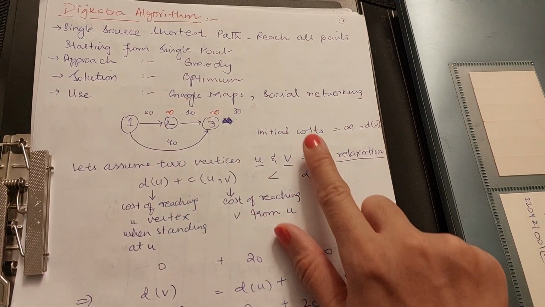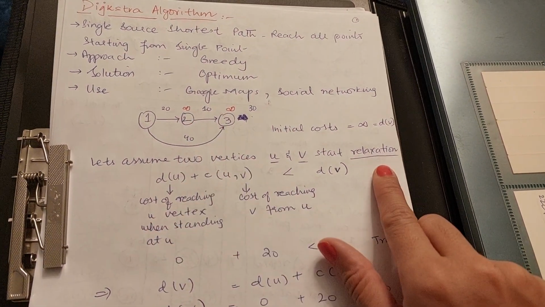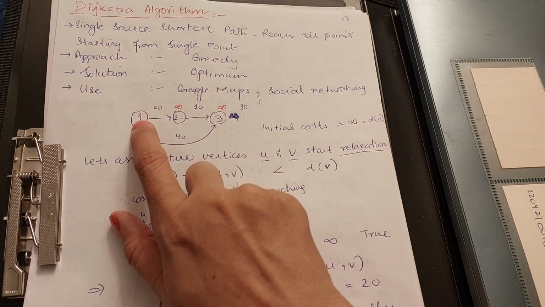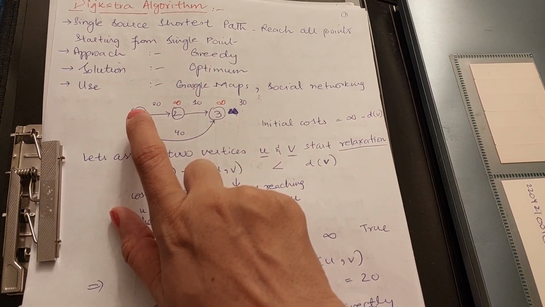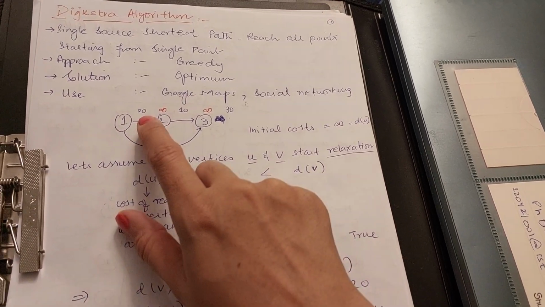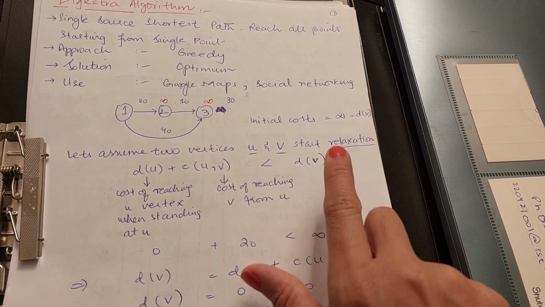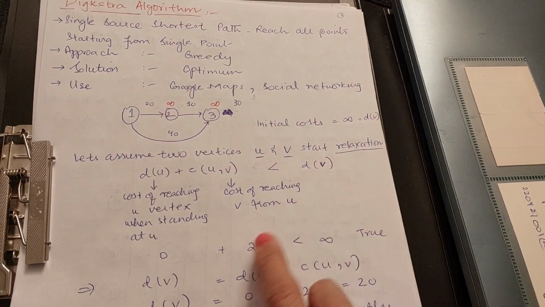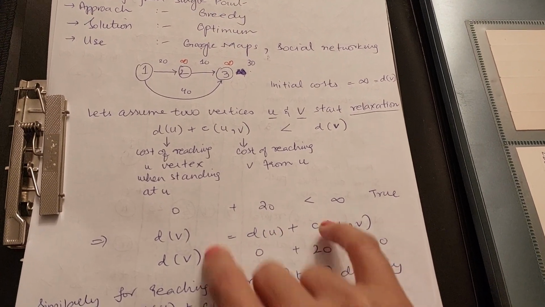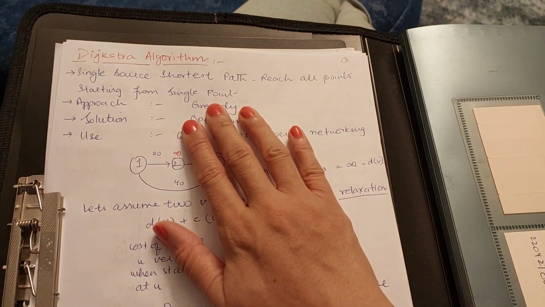Initially you initiate the initial costs as infinity, and then one by one you relax those costs with the help of, you add the cost of the first node where you are standing, which is your source node, and you add the traveling cost into it, which is normally given on the arrow. And if this summation is less than infinity, then you make this value, this dv, equal to the sum of these two values. So this is how we use Dijkstra algorithm.